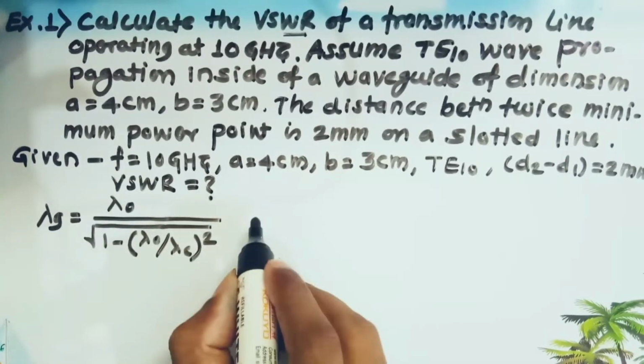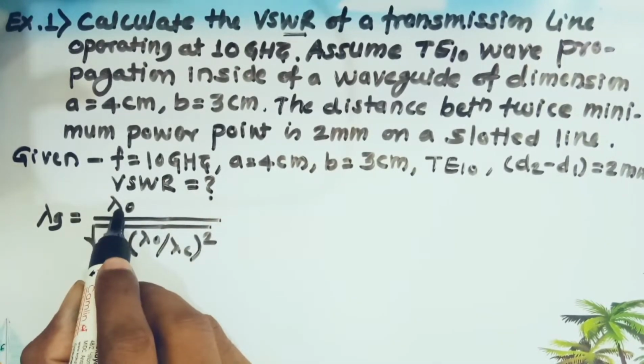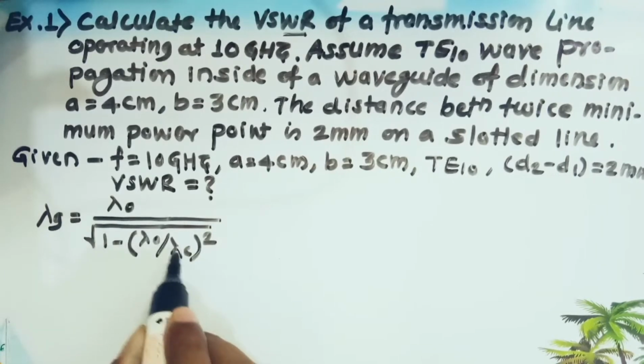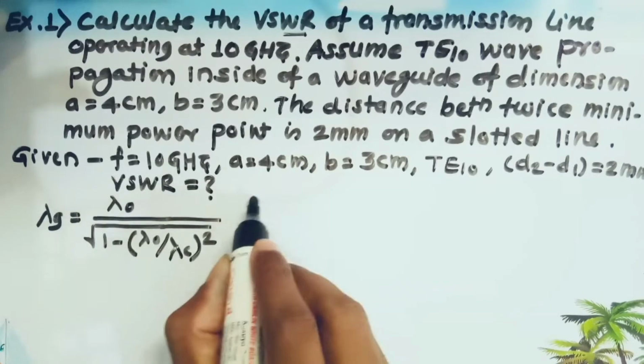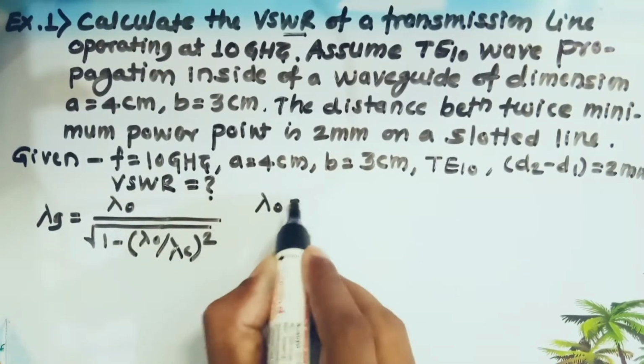Okay, so first, what is lambda 0? Lambda 0 is the free space wavelength. Lambda c is nothing but the cutoff wavelength. So first we have to find out lambda 0.